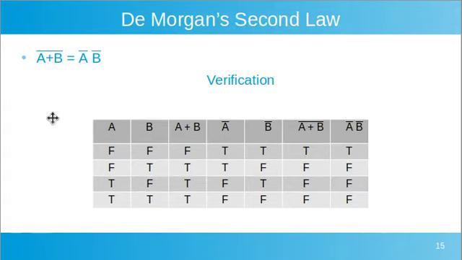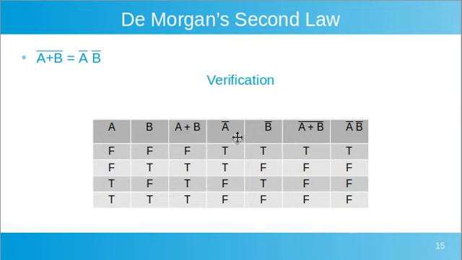Similarly, the second law, (A or B) not, equals A not and B not. These are all the possible combinations of A and B. A or B is false, true, true, true, that is if both of the values are false, that will be false in the OR operation. A not is the opposite of A, and B not is the opposite of B. Then the left hand side, (A or B) not, is the opposite of this, that is true, false, false, false.